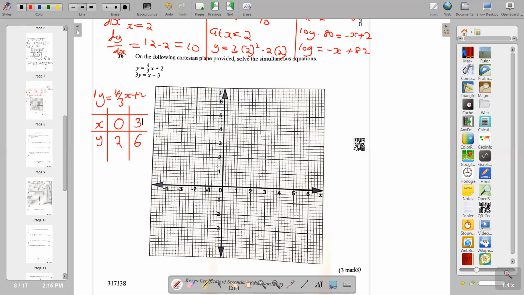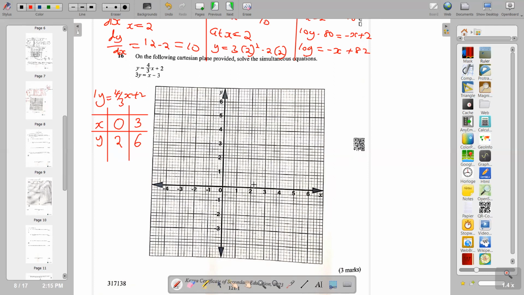But of course, you don't need to choose a number which is more than 6 because of this graph here. You also need to choose the values that range from -4 to 6 for the values of x. And that number must be divisible by 3. You can choose -3, you can choose 0, you can choose 3, and you can choose 6.